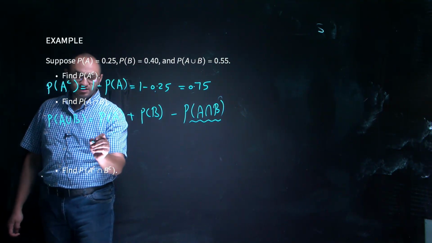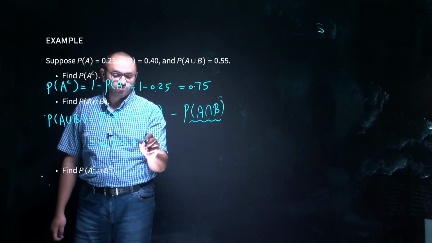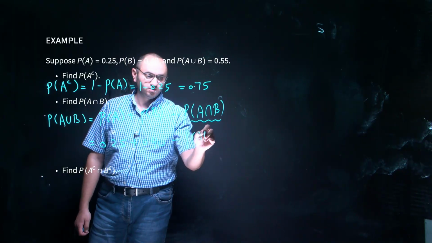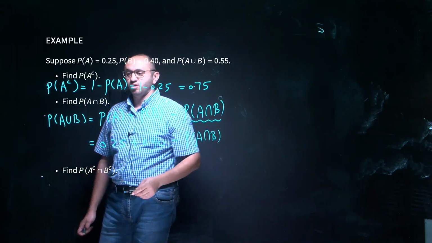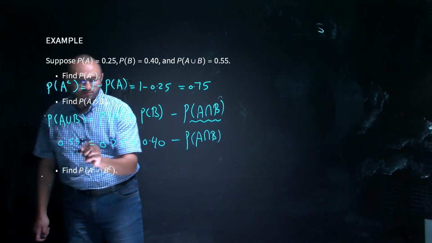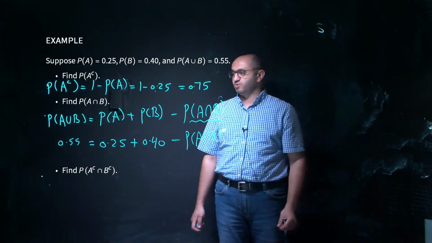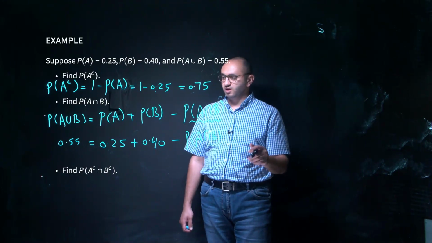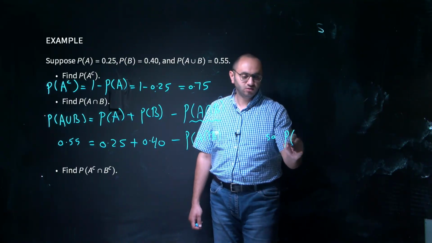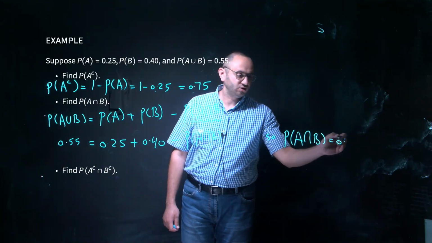Probability of A is 25%, probability of B is 40%, and probability A union B is 55%. So 0.4 plus 0.25 is 65%. So we have to take away 0.10. So probability of A intersection B equals 0.10.